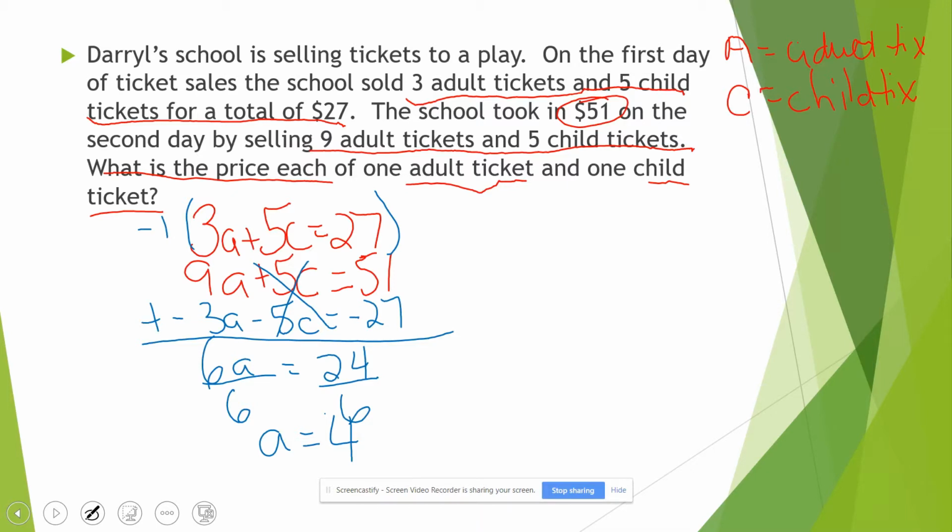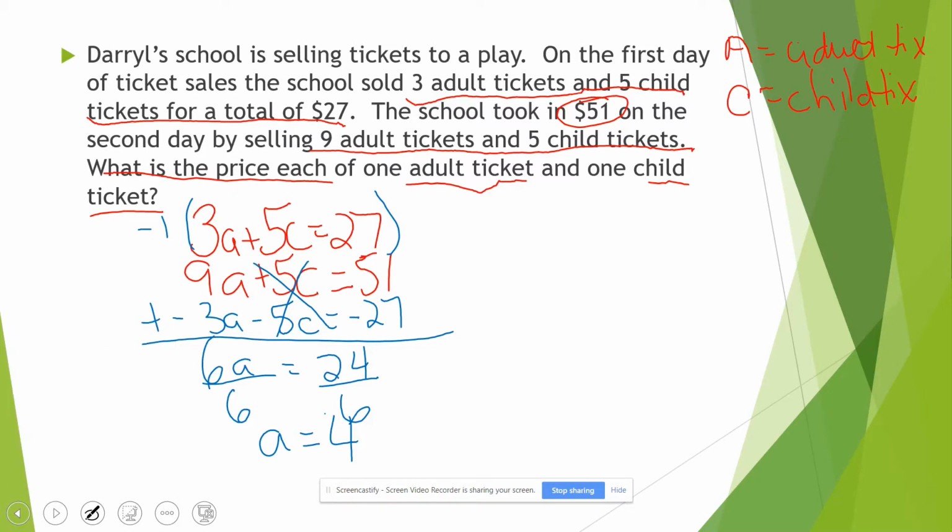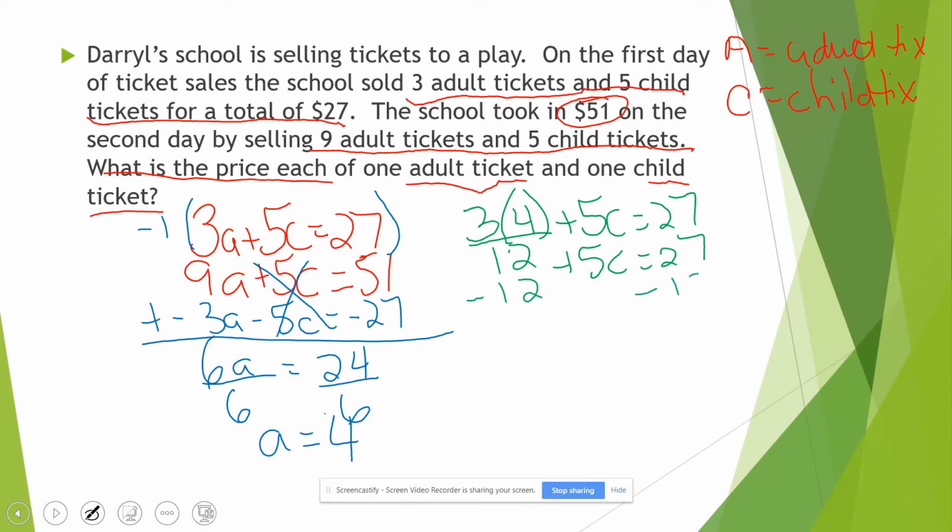Now I can take that and plug that into either one of the original equations that we wrote. I'm going to plug that into the top one. 3 times 4 plus 5C is 27. 3 times 4 is 12. Move the 12 to the other side, and we have 5C is equal to 15.